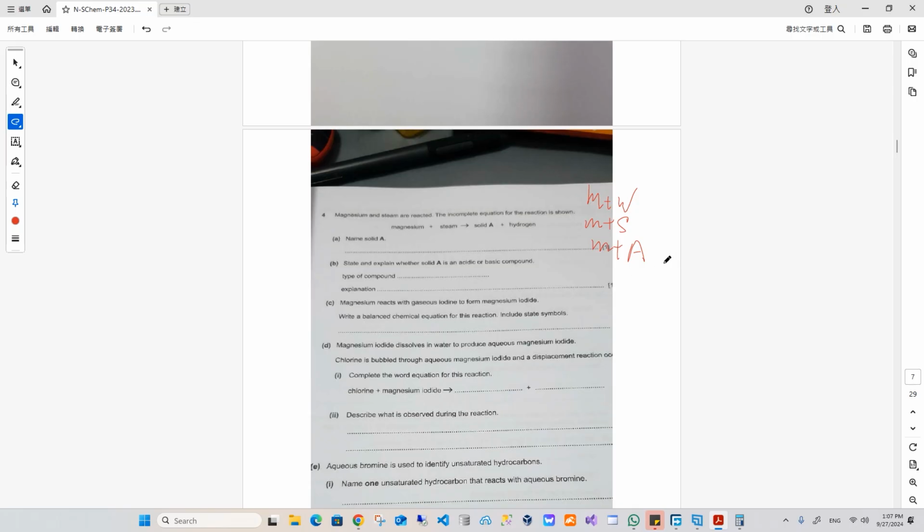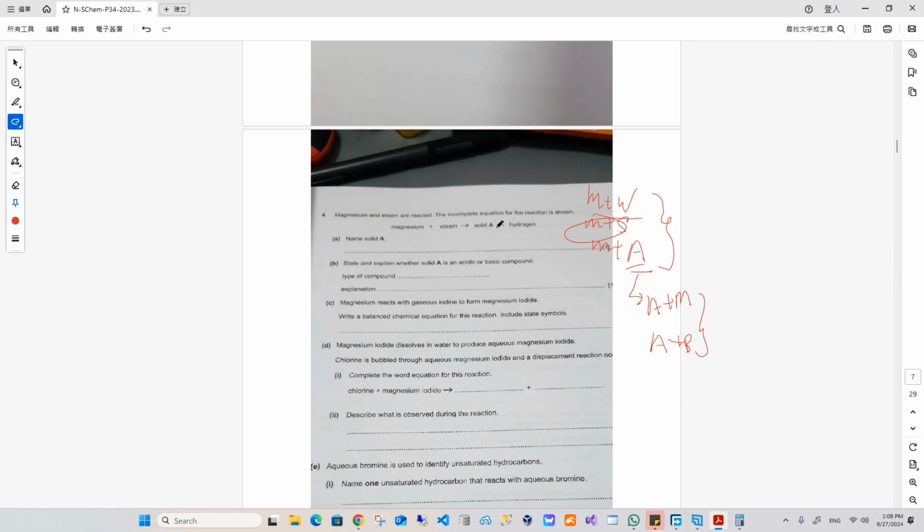And then in the acid chapter, we talk about acid with metal, acid with base or alkali. So there is some overlap here. These are the five things that we learned here and there. So this is metal with steam. What will it react, and after reaction, what will come out.